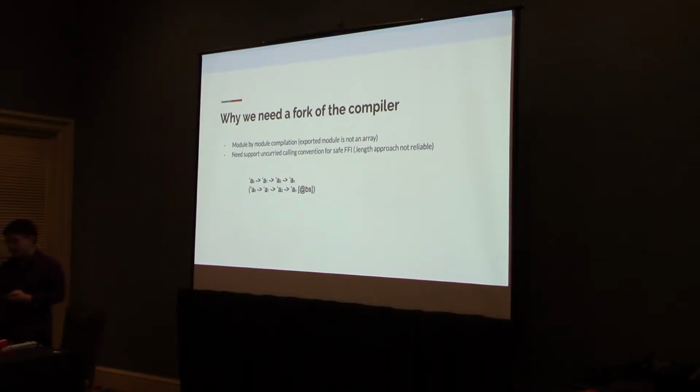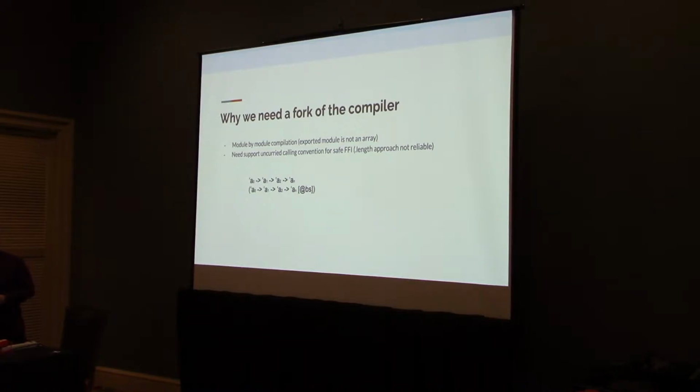Another thing we want to add is the uncurried calling convention. When you're trying to bind to an Excel file, the JavaScript function is uncurried. So we introduce an attribute called BS attribute, which makes the function type uncurried, so you always have to apply all arguments at once, which is exactly the same as JavaScript semantics.